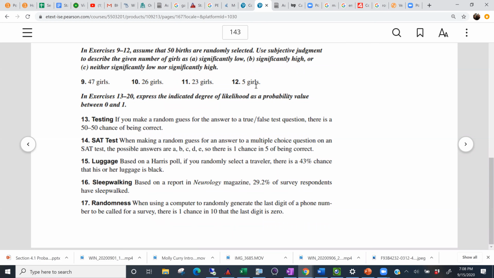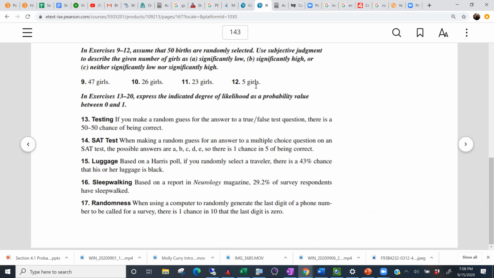Now again, we're going to use subjectivity. It says use subjective judgment to describe the given number of girls as significantly low, significantly high, or neither significantly low nor significantly high. We're assuming that we're going to look at 50 births selected at random from Royal Oak Beaumont Hospital, and in problem number 10, you get 26 girls amongst those 50 babies.